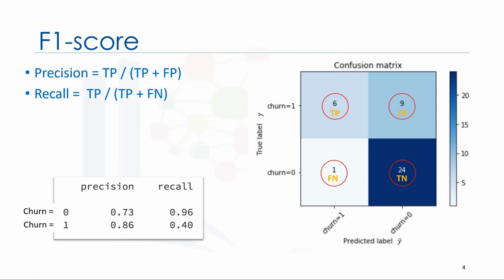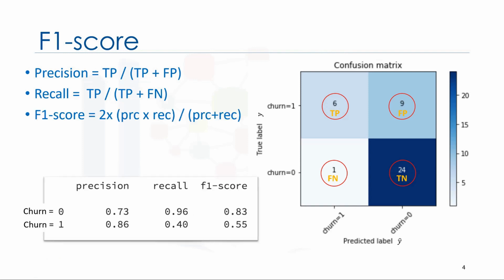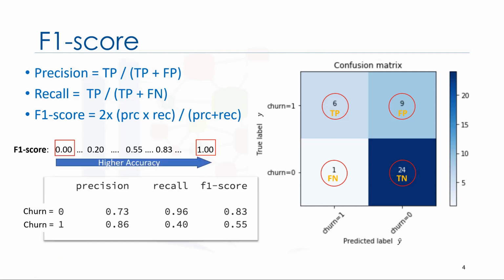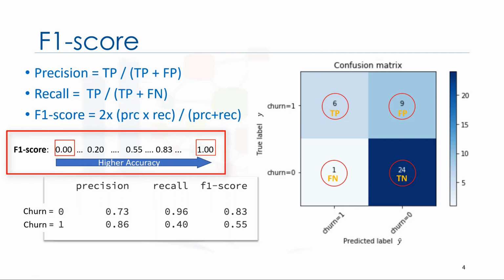Now we're in the position to calculate the F1 scores for each label based on the precision and recall of that label. The F1 score is the harmonic average of the precision and recall, where an F1 score reaches its best value at 1, which represents perfect precision and recall, and its worst at 0. It is a good way to show that a classifier has a good value for both recall and precision.